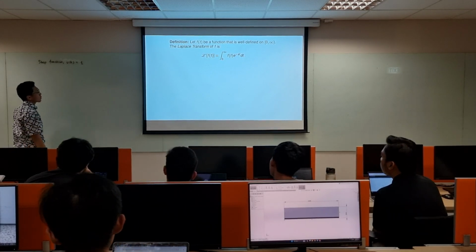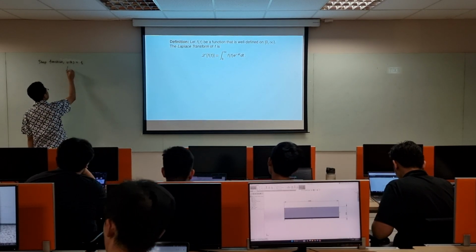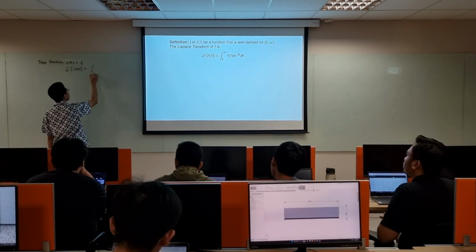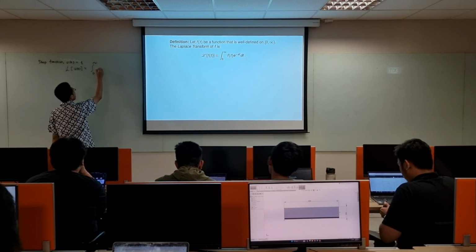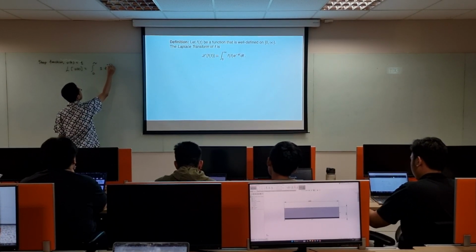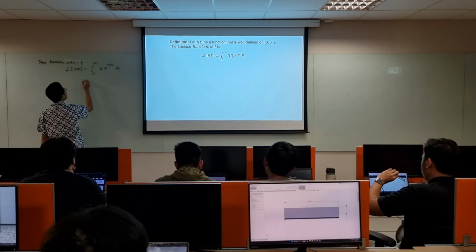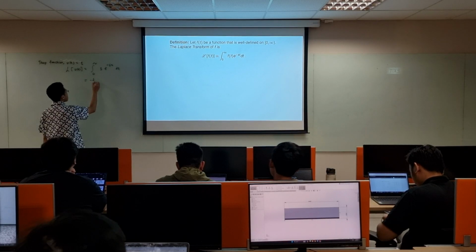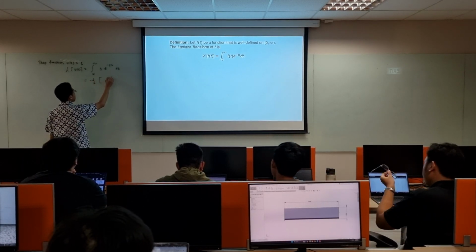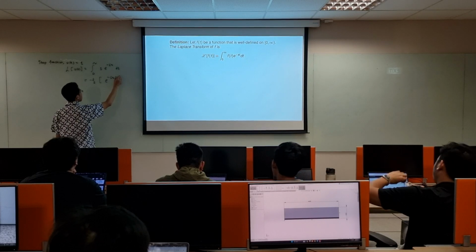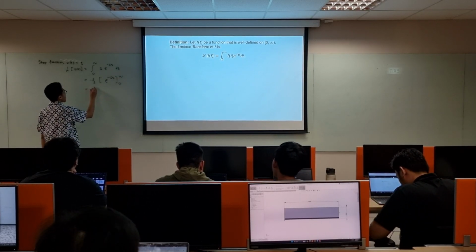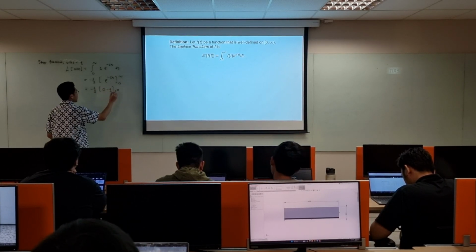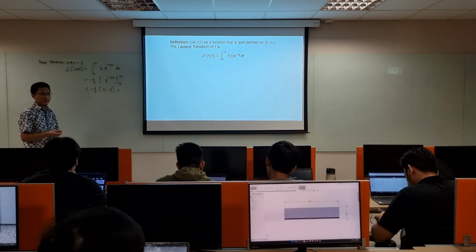So your Laplace transform is the integral from 0 to infinity of 1 times e to the minus st. We integrate this and have minus 1 over s times e to the minus st from 0 to infinity, which is 0 minus minus 1. So the final result is 1 over s, right?